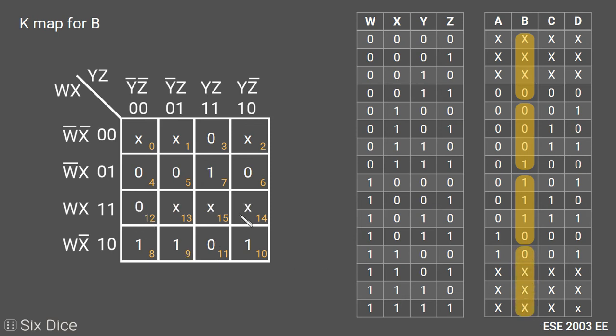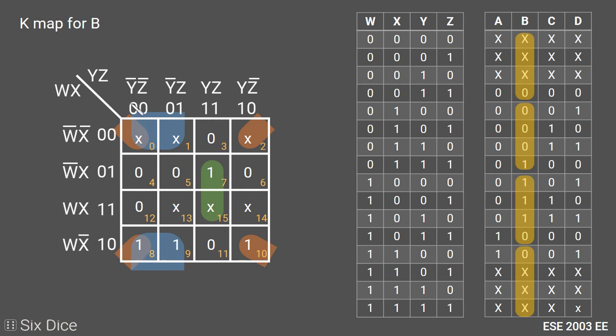First, we can make a quad of ones with the use of these two don't care conditions, and all corner cells are part of this quad. Second, we can make another quad with cells 0, 1, 8 and 9. The last one is covered by a pair with cell 7 and cell 15.